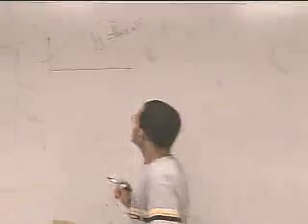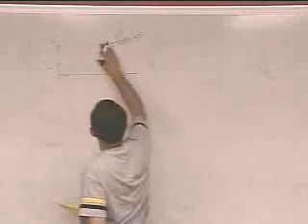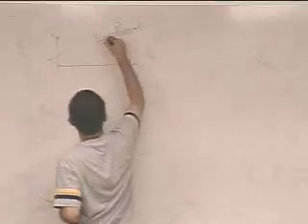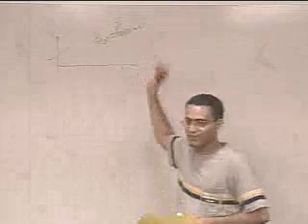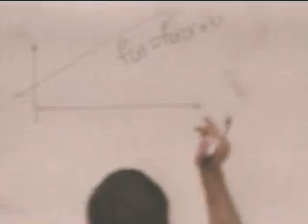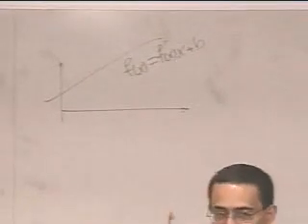Okay. So basically, we call this f of x. So we call this line this.